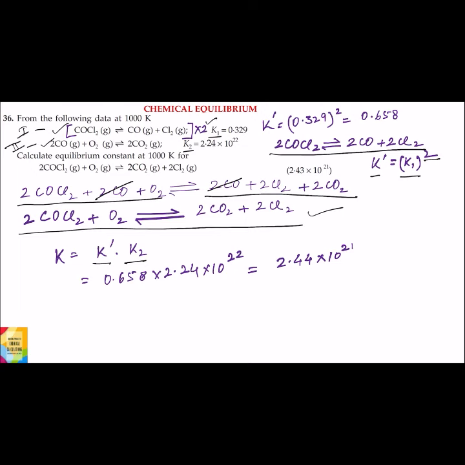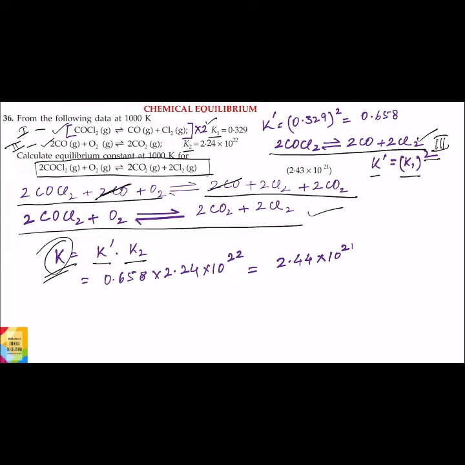So the value of the equilibrium constant for the given reaction, this is the reaction, that is K, will be equal to the value of the equilibrium constant for the equation, let this be equation number 3, multiplied by the value of the equilibrium constant for equation number 2.